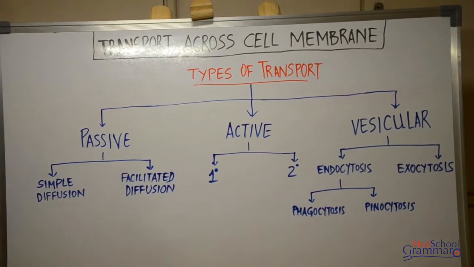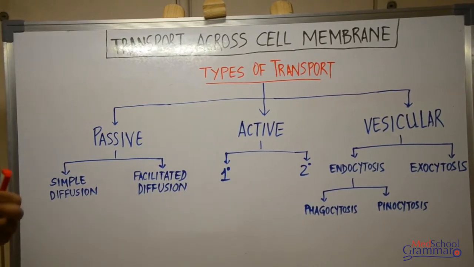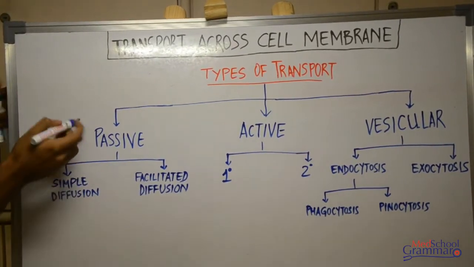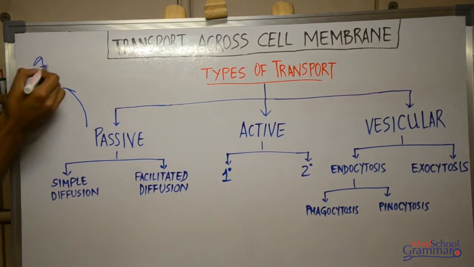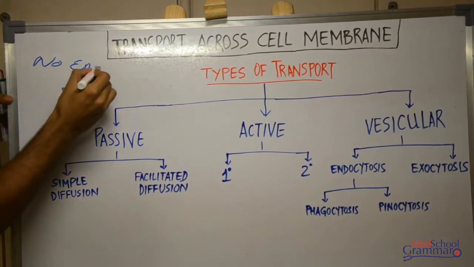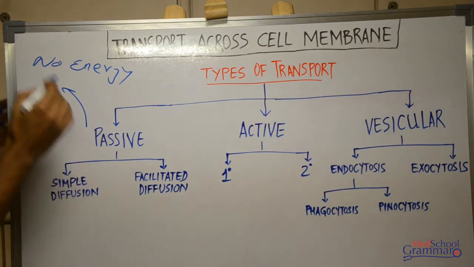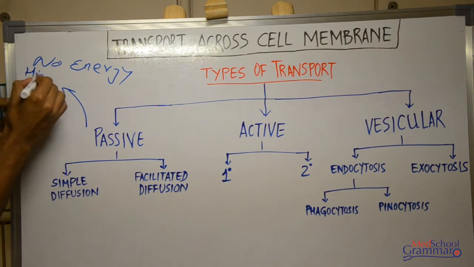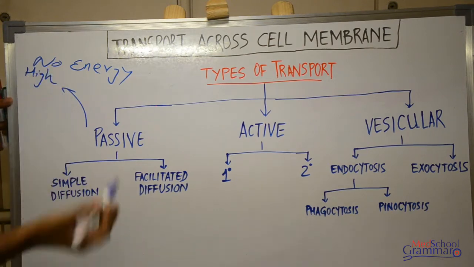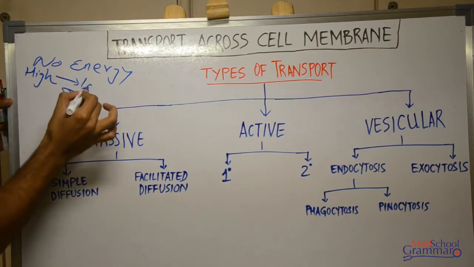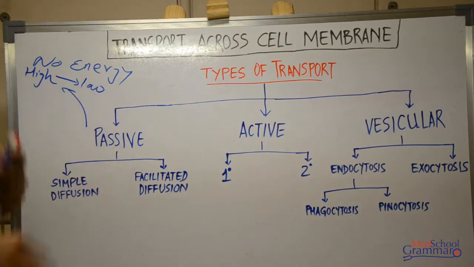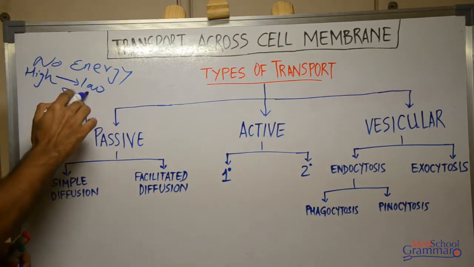The word passive in itself literally means two things. The first thing here is that no energy is required. In passive transport, no energy is required. That's important. And second, the movement of particles or molecules is from an area of its higher concentration to an area of its lower concentration.